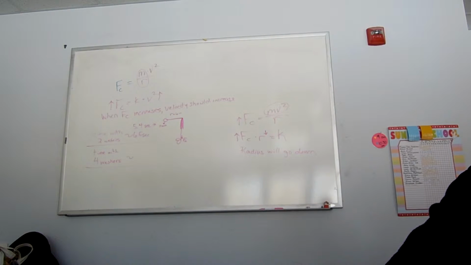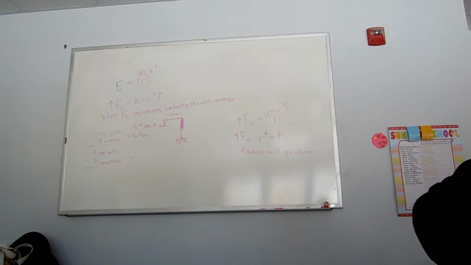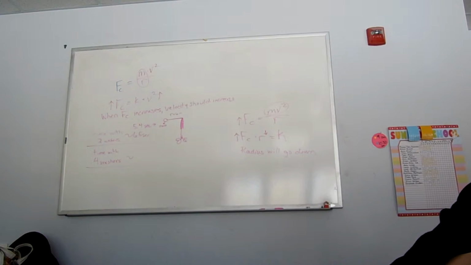So when you added the extra washers, did it take more time or less time for 20 revolutions? Less time, and that's what I would have predicted. Less time for 20 revolutions. Time should have decreased. If you didn't see time decrease from the first chart to the second chart, raise your hand and we'll figure that out.